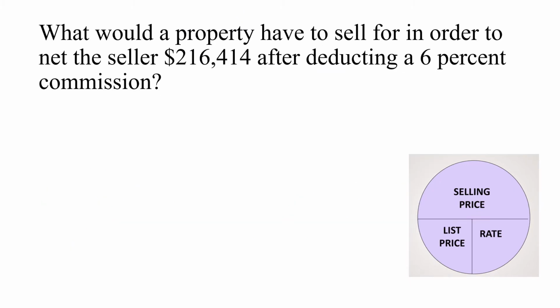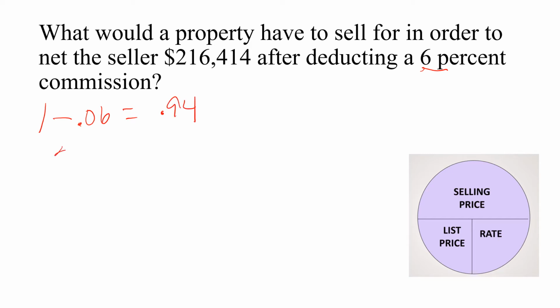Okay, what would a property have to sell for in order to net the seller $216,414 after deducting a 6% commission? Okay, well, let's start with this 6% commission. So if we have 1 and we subtract 0.06, that leaves us with 0.94.